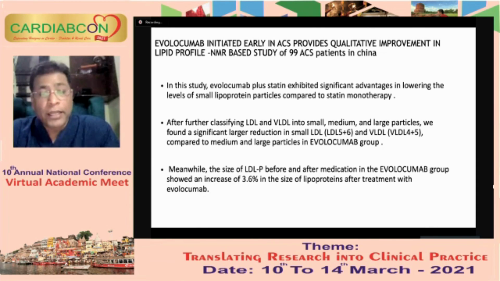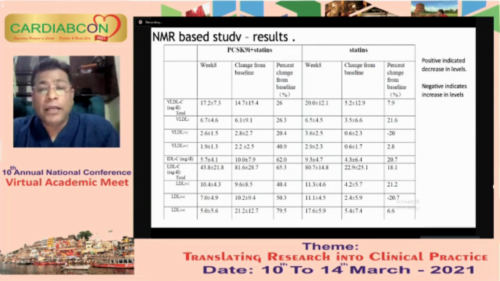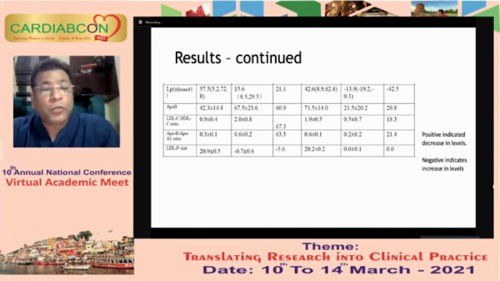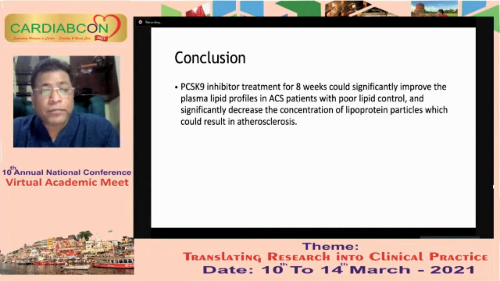So once again, it re-emphasizes the need of aggressive management, especially in acute coronary syndrome patients. The results show that ApoB, LDL cholesterol, LDL particle size, and lipoprotein(a) are all reversed in a positive manner.